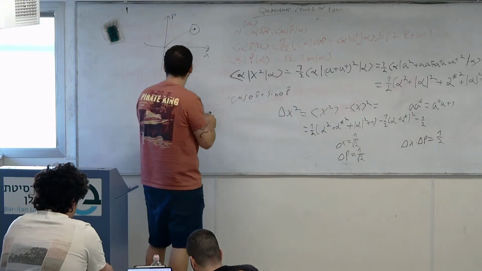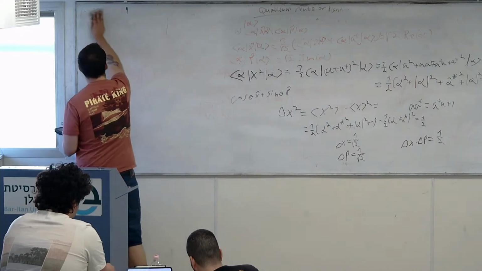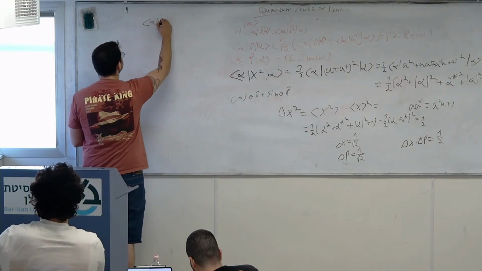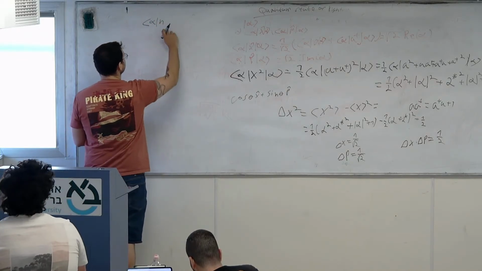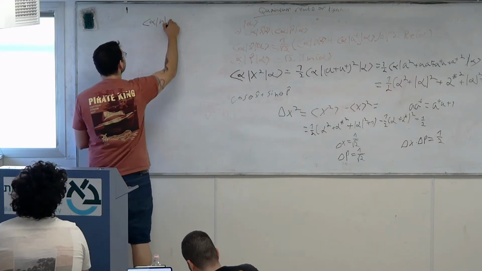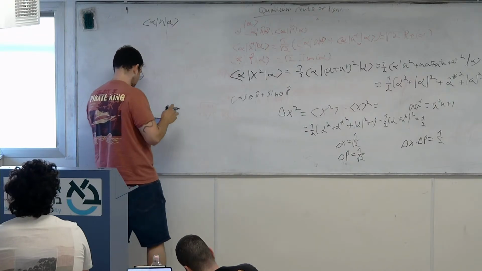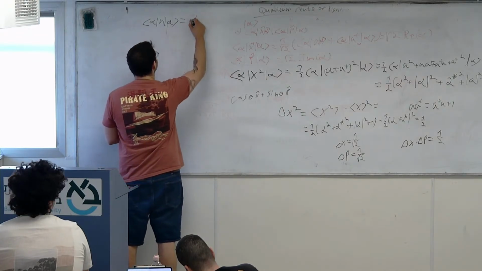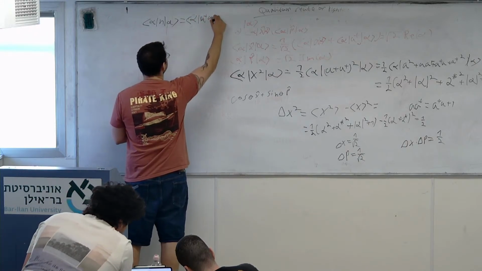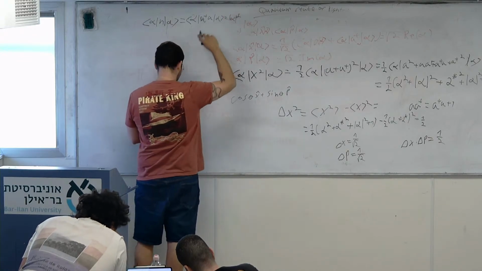All right, so remember this diagram that I wrote because it will be important in a second. This one equals alpha a dagger a alpha, which of course is absolute value alpha squared.